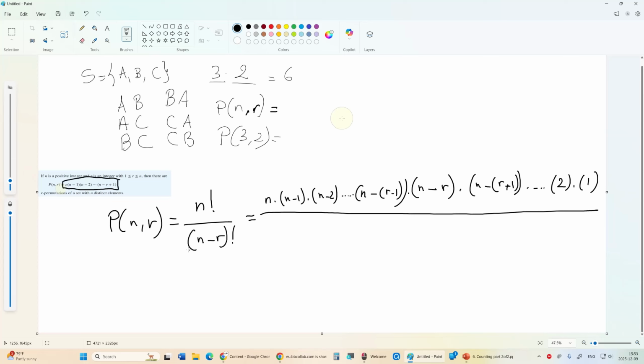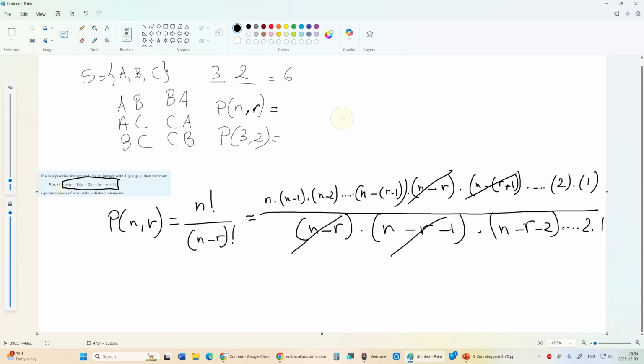For the denominator, we have this n minus r factorial, which means it's n minus r multiplied by n minus r minus 1, multiplied by n minus r minus 2, down to 2 times 1. Now maybe you can see that I can do the simplification. For example, this n minus r, I have it here, so I can simplify these two. And everything is going to cancel: the 2's, the 1, etc.